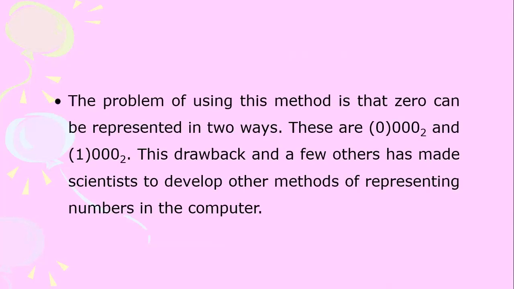The problem of using this method is that 0 can be represented in 2 ways. These are, we enclose 0 in brackets, then 0000 binary. And we can also represent the same by enclosing 1 in brackets, then 0000.